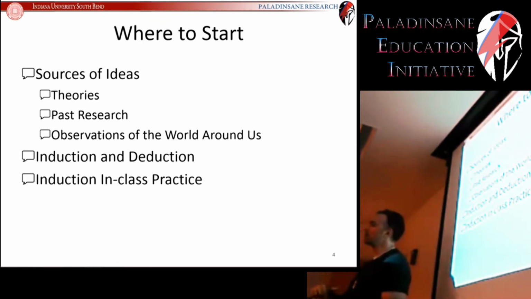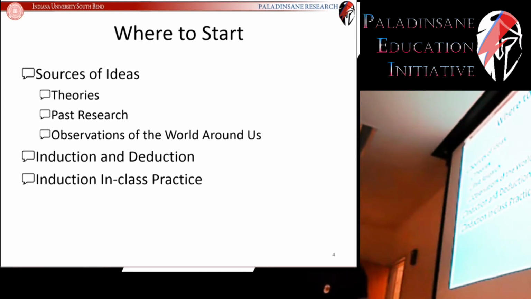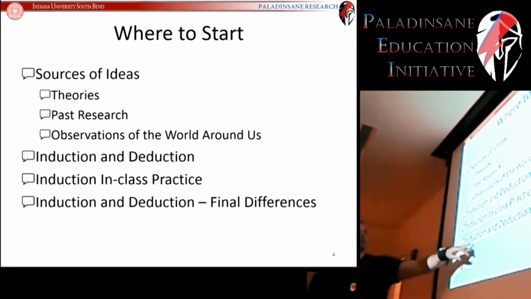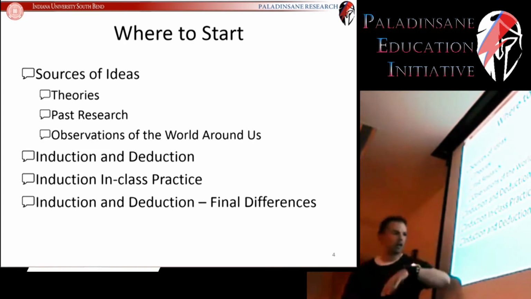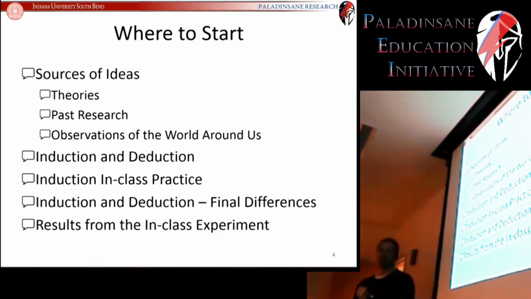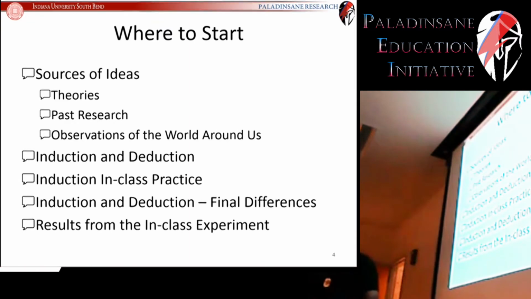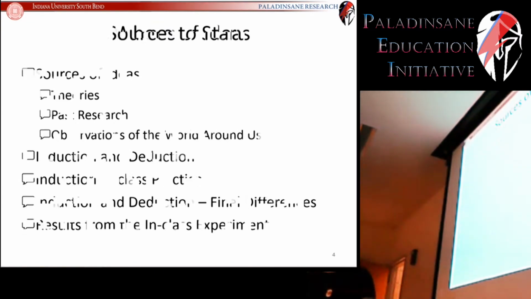This time, we're going to focus on the induction side of that, and have a little induction in-class practice, talk about the final differences between the two modes of knowing, and then look again at our results from our in-class experiment. We just touched on those last time. We'll take a look at those in a little bit more depth this time around.